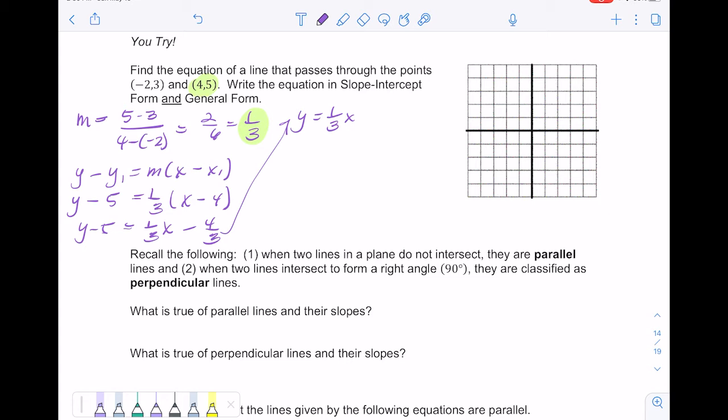There's a couple ways you can do this, I was just trying to figure out an easy way to show you this. You've got -4/3, and we're adding 5, right?